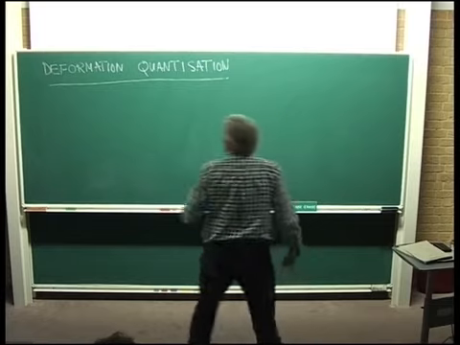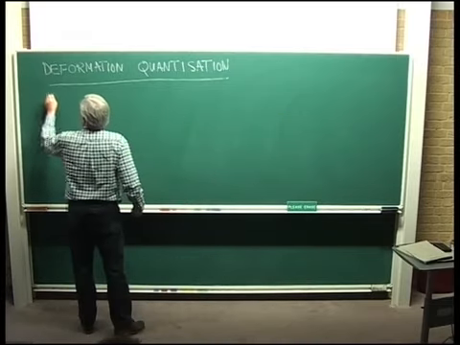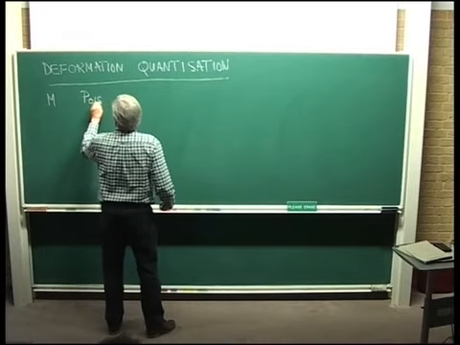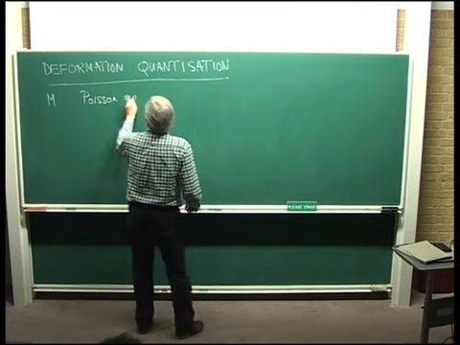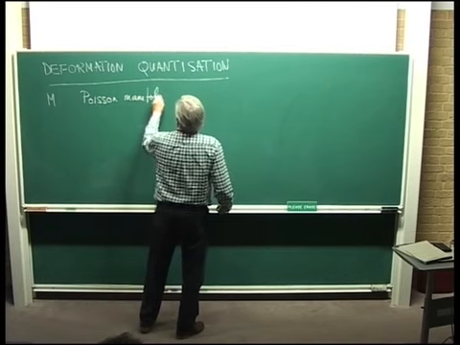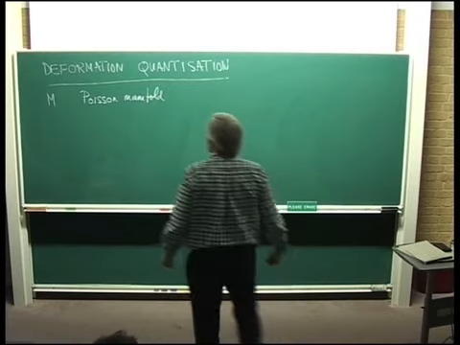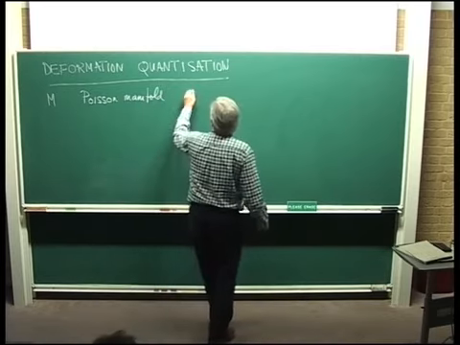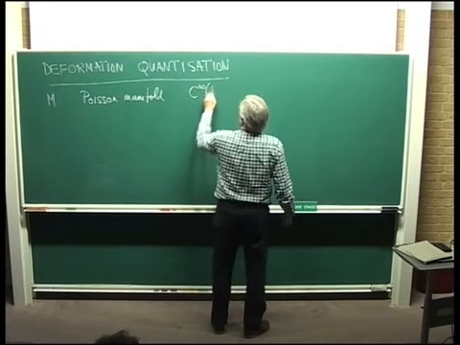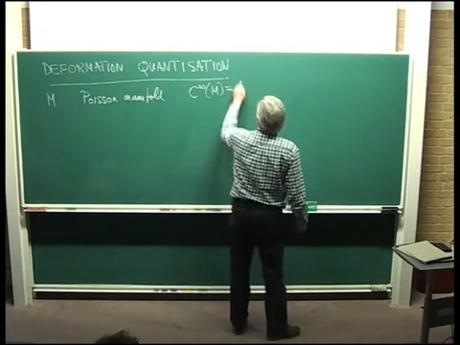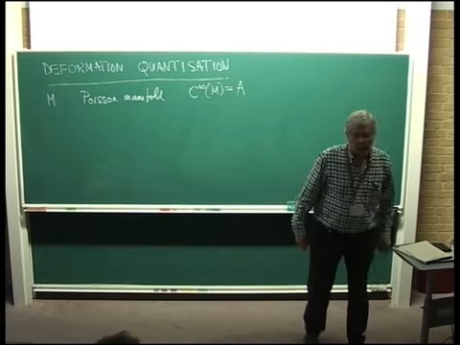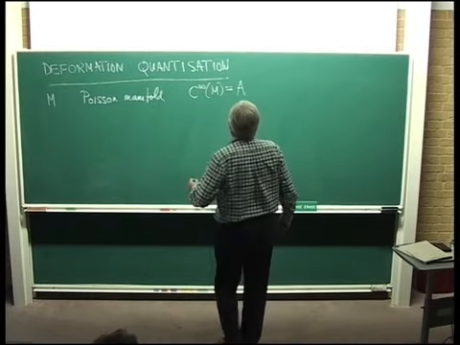And we start off with a Poisson manifold. Now, what this means is that it's going to be a smooth manifold, of course, but in addition, the smooth functions on M, which I'll immediately call A, have extra algebraic structure. It comes equipped with a Poisson bracket.